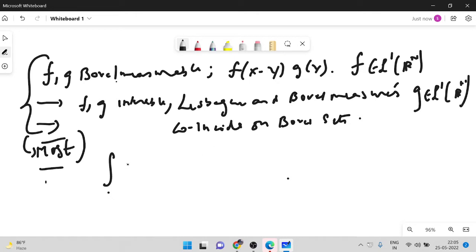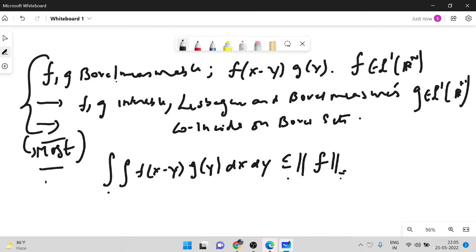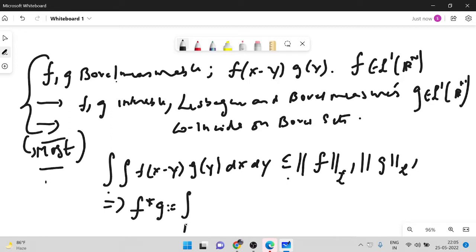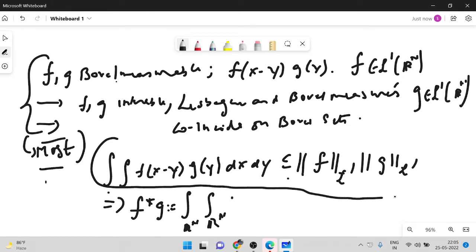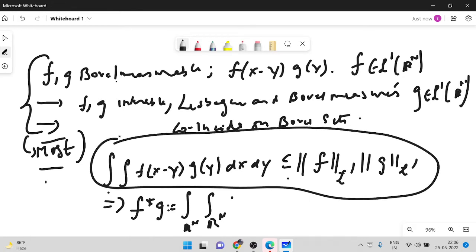This implies the integral of f of x minus y, g of y dx dy is less than or equal to norm f in L1 times norm g in L1. This implies that f star g, defined by this integral over Rn, is well defined because it is bounded above.